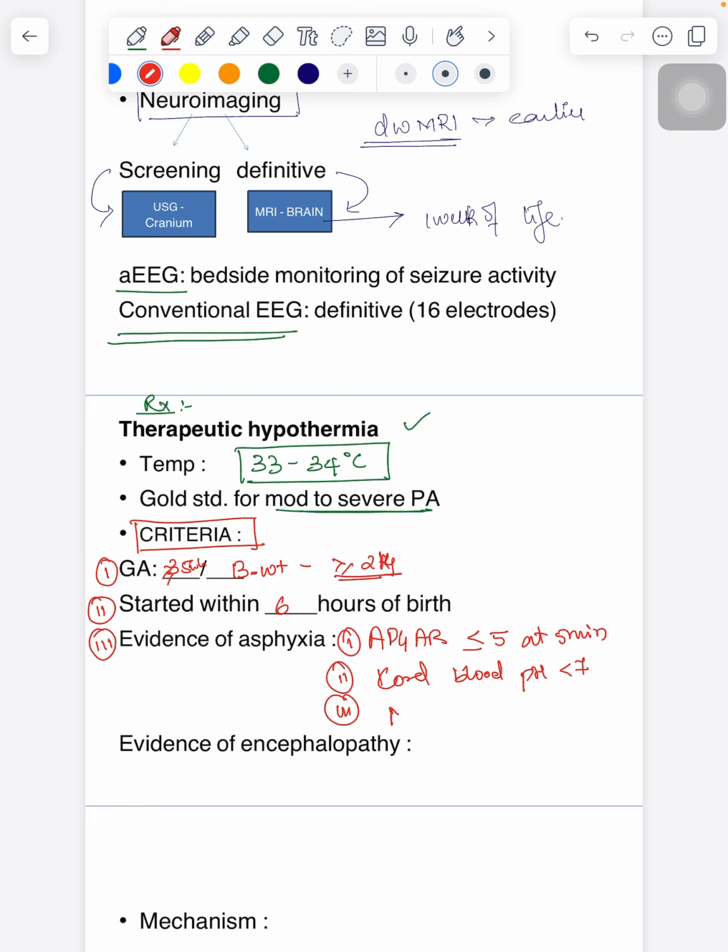These are the evidence to tell that the child is having asphyxia.